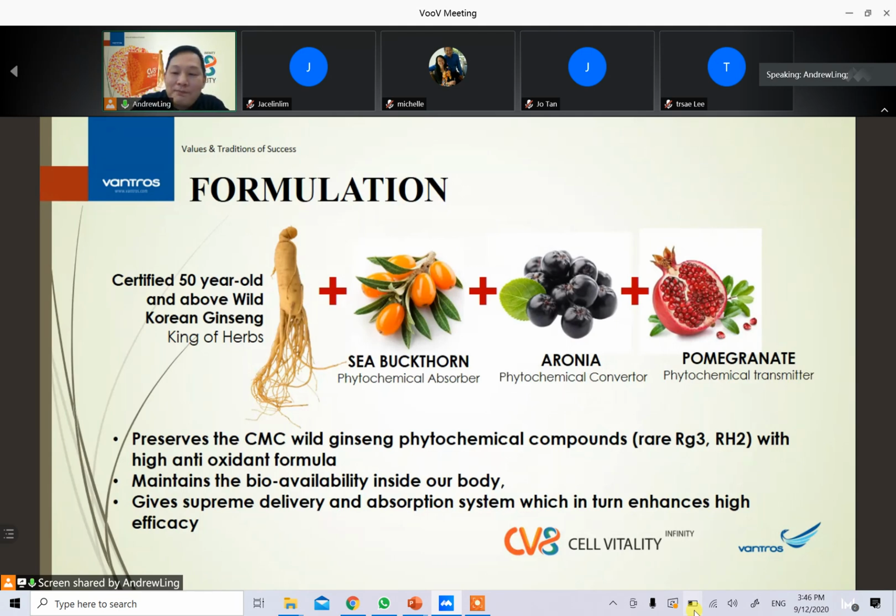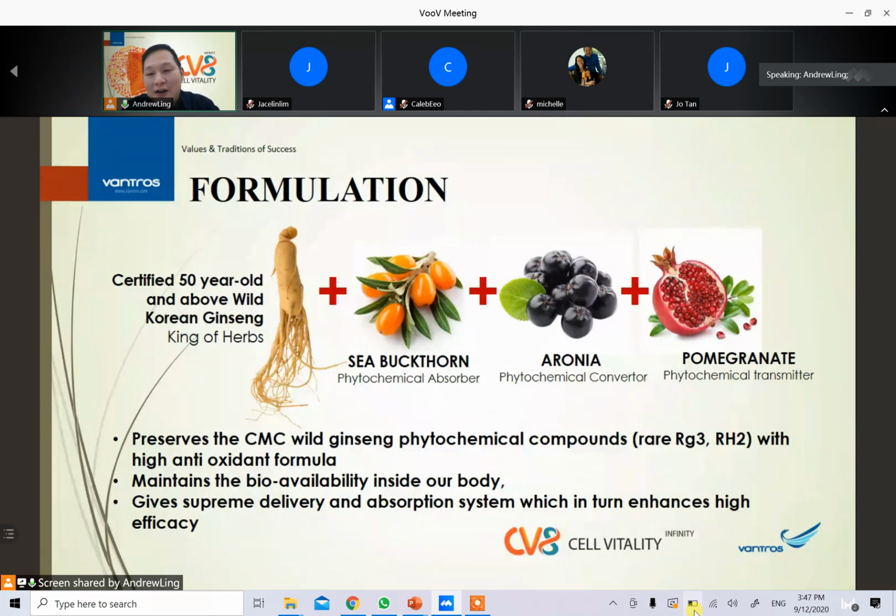That is why, because of this special formulation created by the CVMGR, the delivery system is estimated to reach about 90% absorption with this combination of formulation. That is what is so special about the formulation itself.